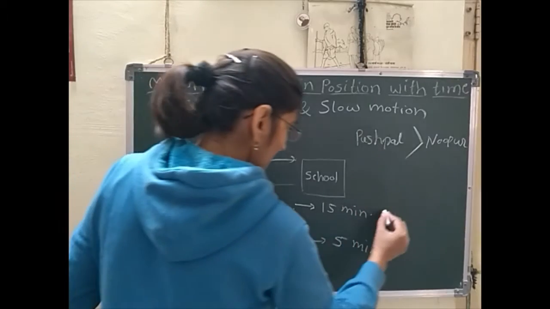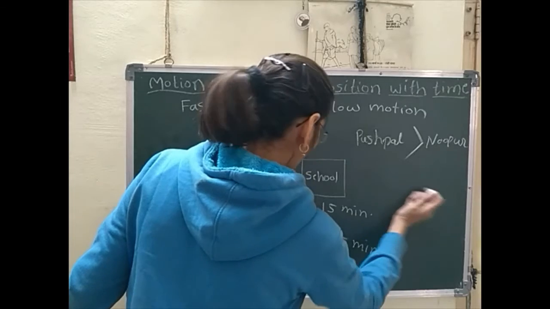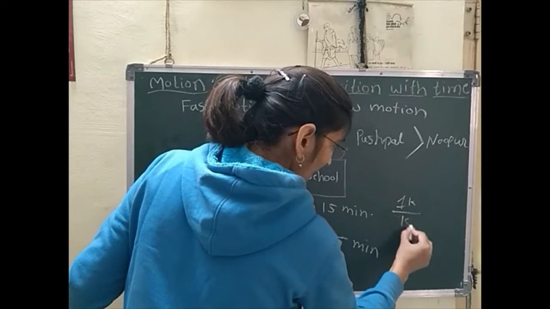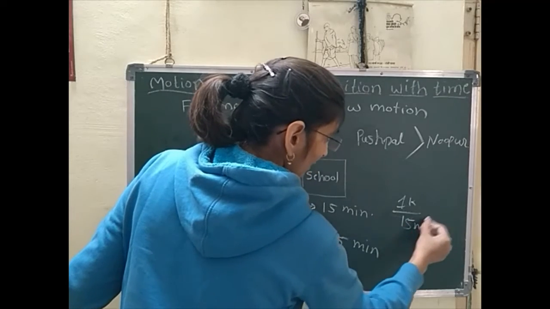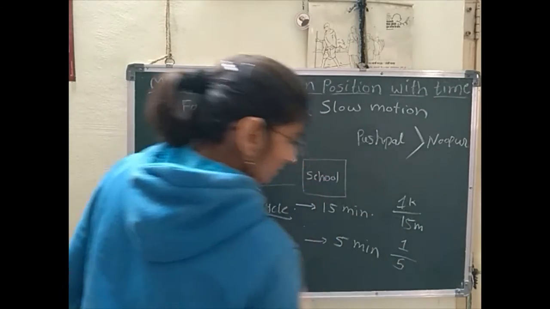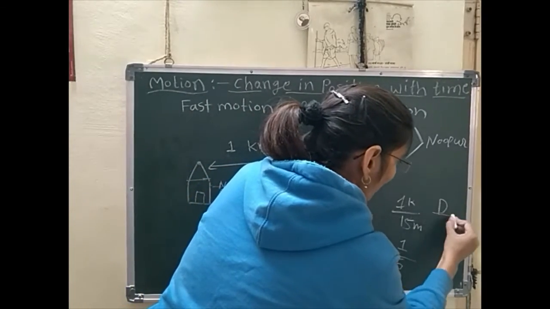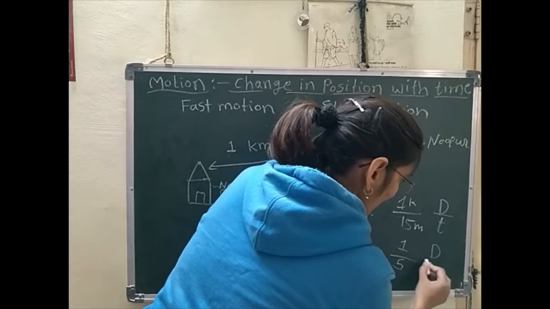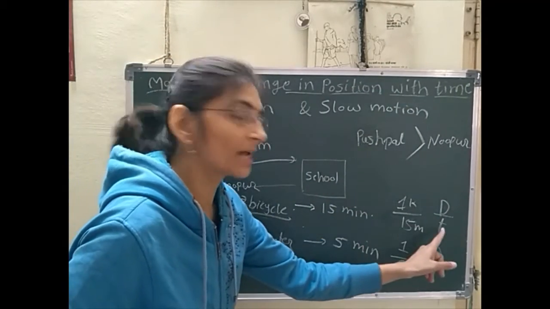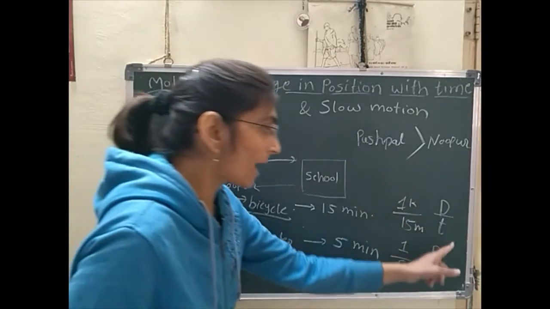Nupur's distance is 1 kilometer and time duration 15 minutes, and Pushpal 1 kilometer in 5 minutes. So that is distance upon time. Distance I have considered as capital D and time as small t. So d by t.